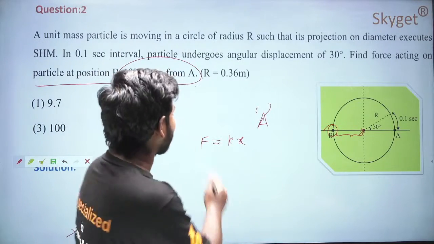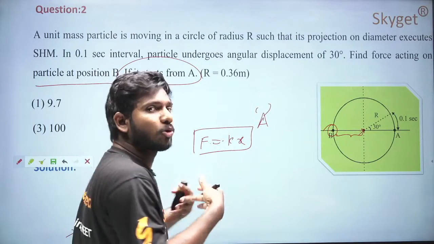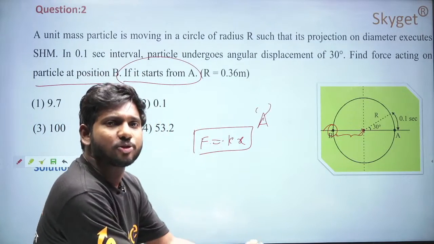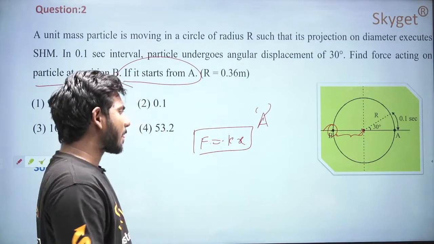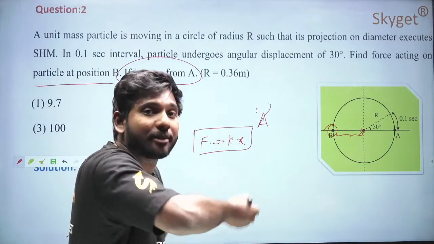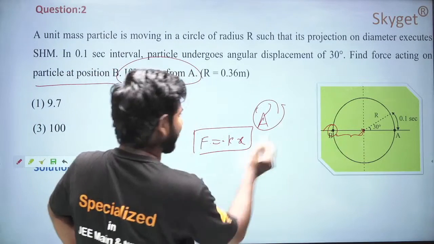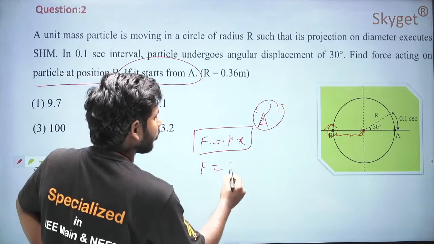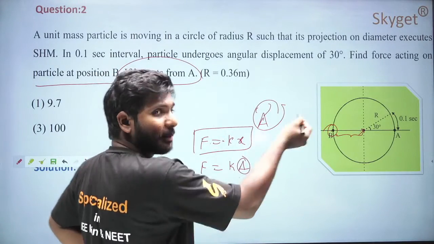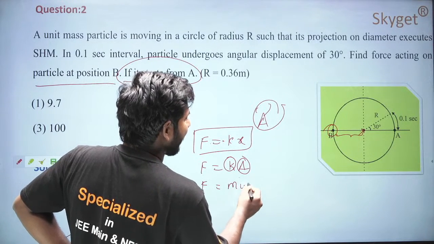It is the simple equation of simple harmonic motion, minus kx, which you sometimes write because the force is opposite to the direction of displacement, students. So if F is equal to minus kx, in magnitude F can be written as kx. At the extreme position B, the force will be equal to kA, because x will be replaced by A, and this k can be written as m omega square.